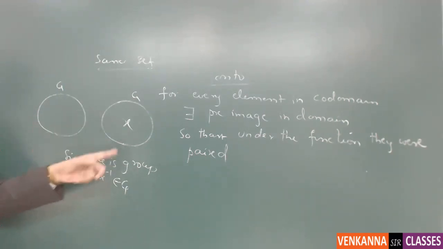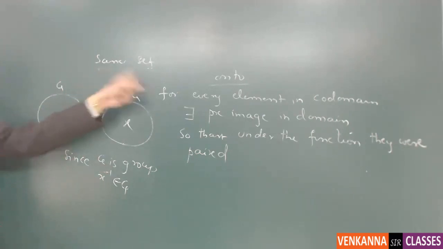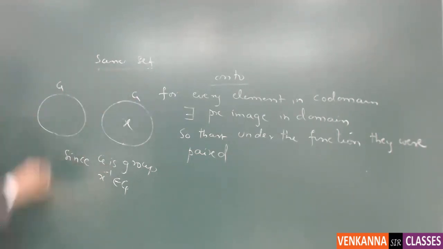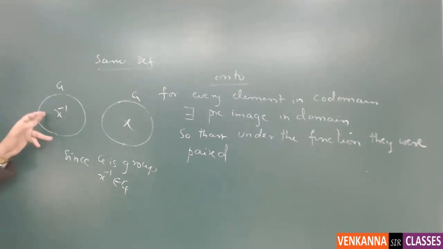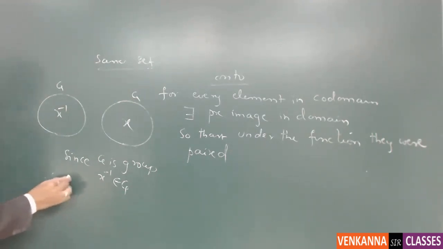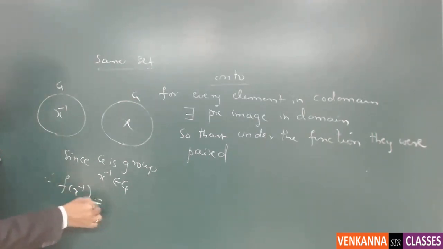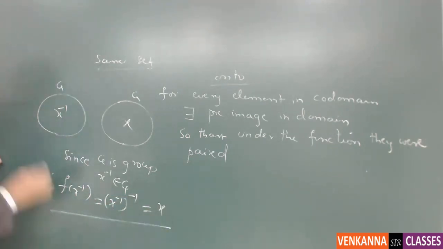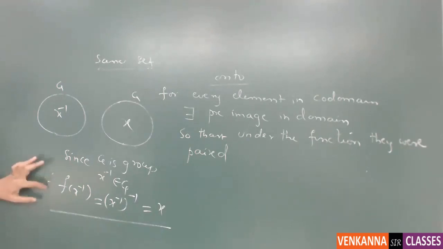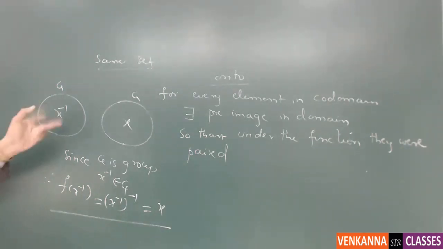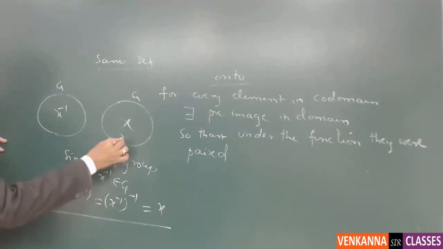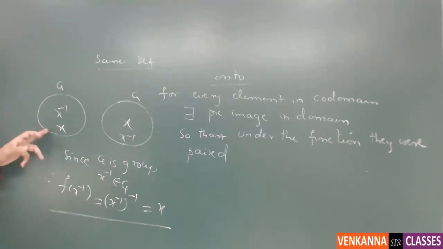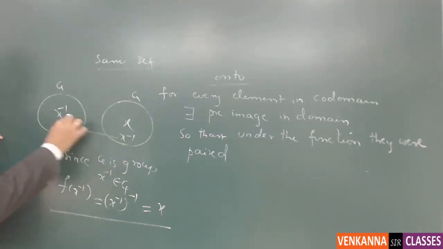Both sets will have it because you have taken the same set. So for this, the pre-image is X inverse. If you consider f of X inverse, from the definition, it is X inverse whole inverse, nothing but X. This is the ideology. So if you have a confusion, if you take X inverse here, the pre-image will be X here, so that these are getting related under the function.